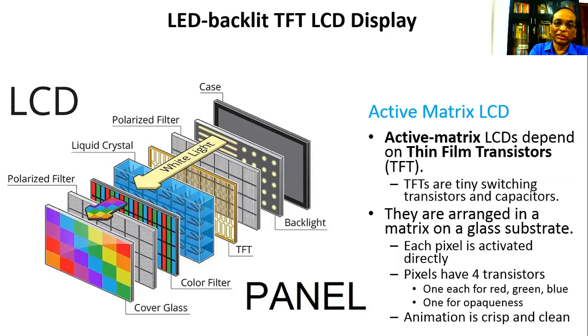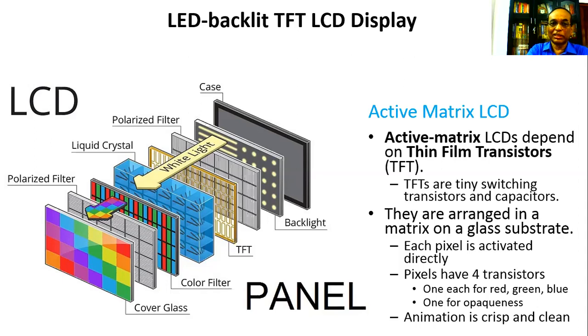To suppress the background illumination from entering, there will be a casing, and a cover glass through which we will see the picture at the left side. So these are the very basic construction.